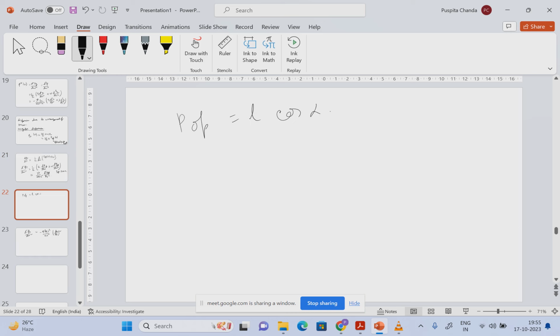And d square phi by d omega square is written as d alpha by d omega at omega naught, whole square.